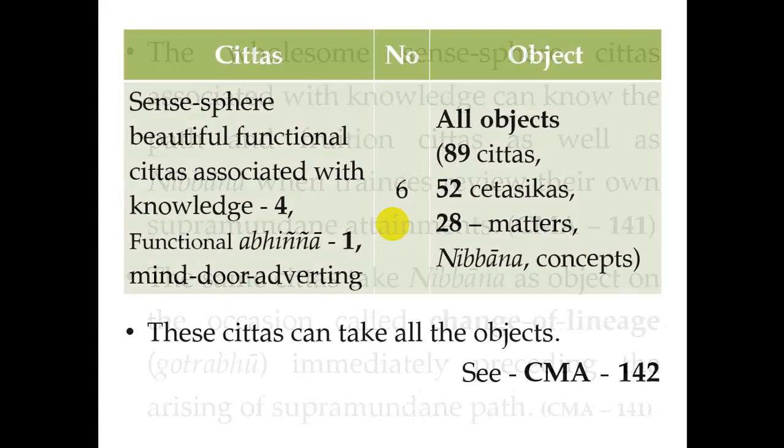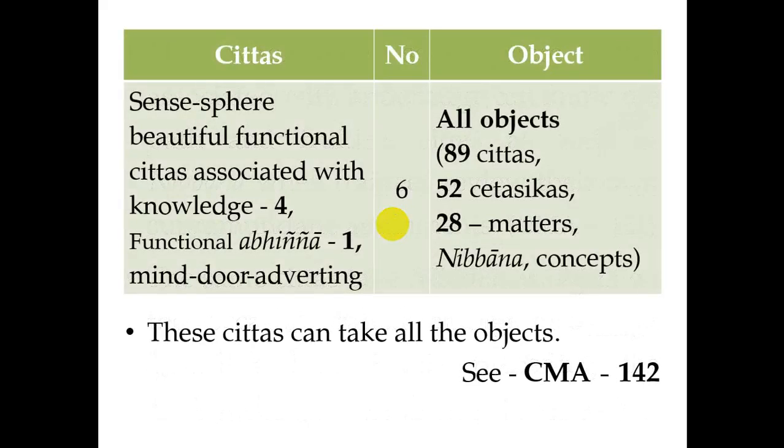Okay, the next one. Sincere, beautiful, functional Chetas associated with knowledge. We have four Kriya Chetas, and also functional abhinna, one functional direct knowledge. This one is attained by the Arahant and the Buddha, as well as mind-door adverting. Actually, mind-door adverting can experience any object.